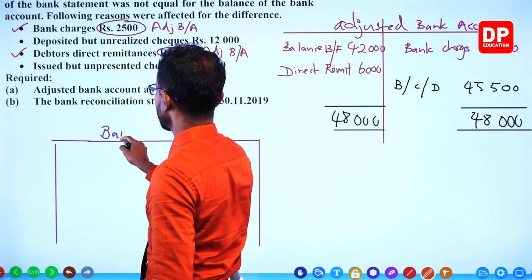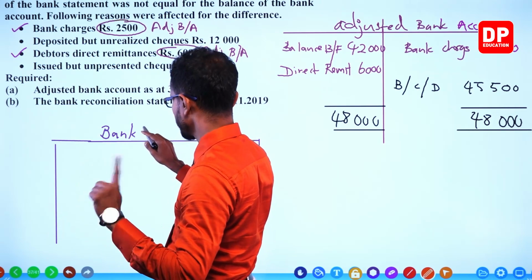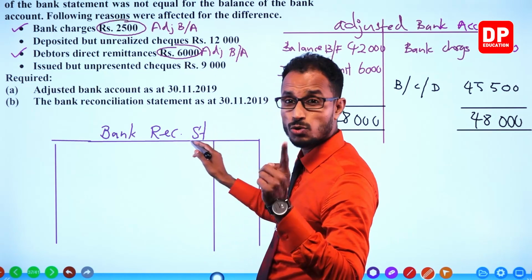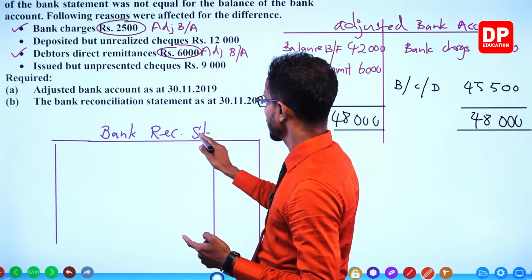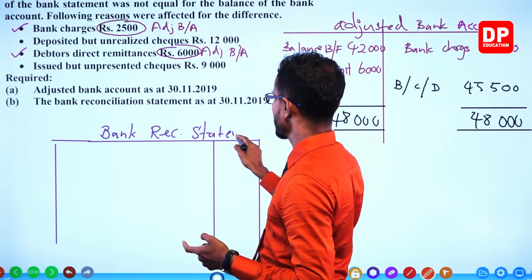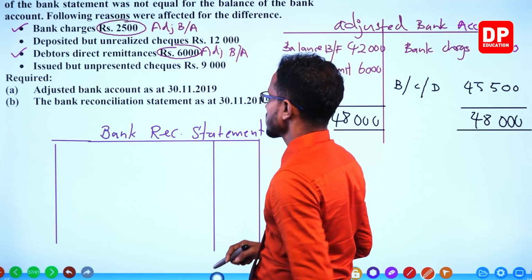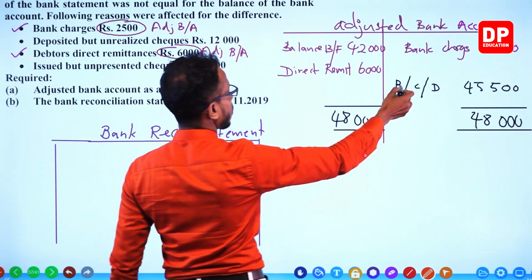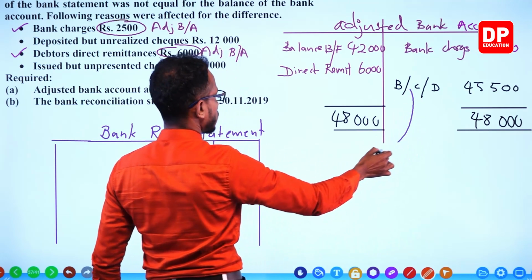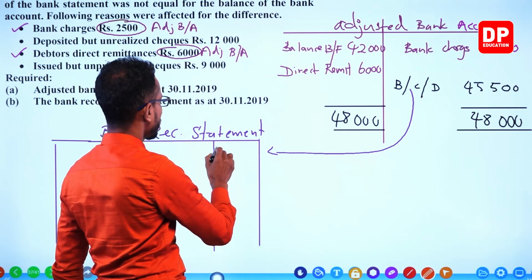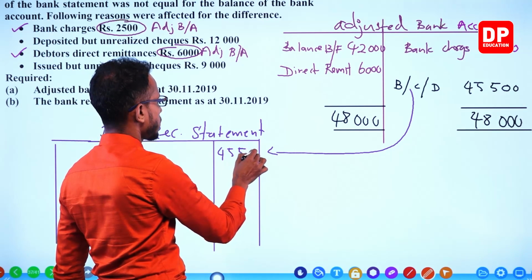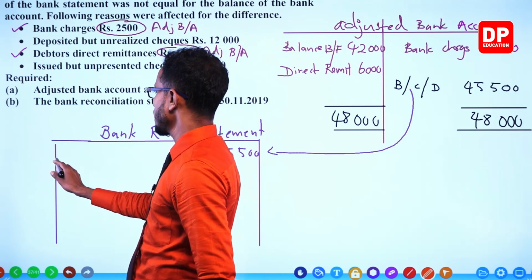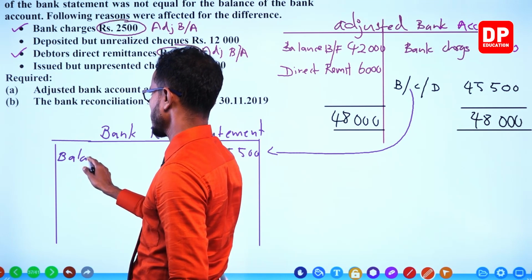Bank rec, that is the short form. Start the bank rec with the adjusted balance of the bank account, with this one. 45,500. That is the balance as per adjusted bank.